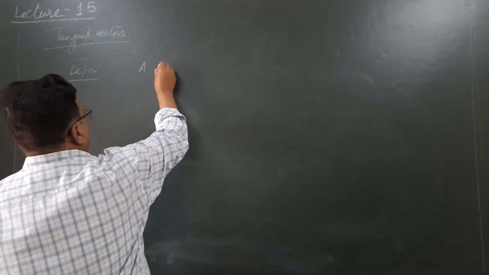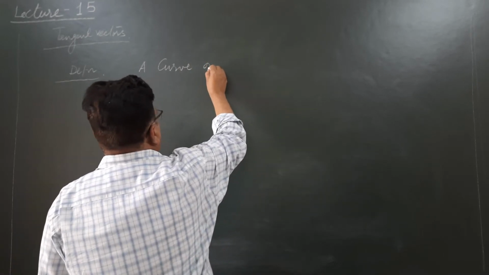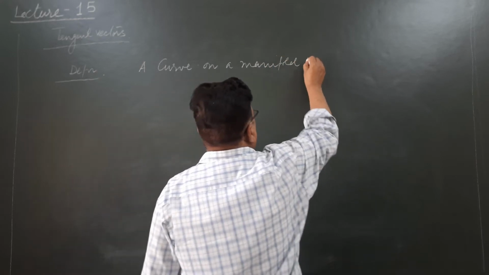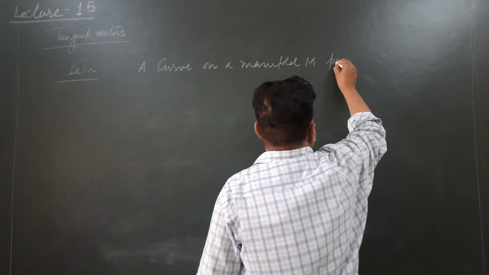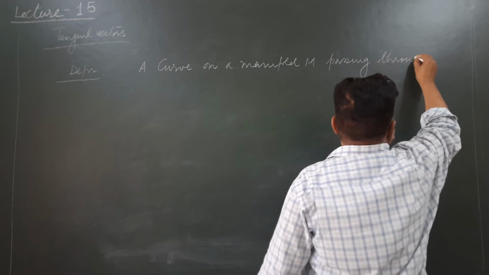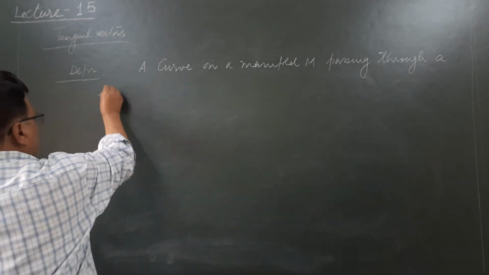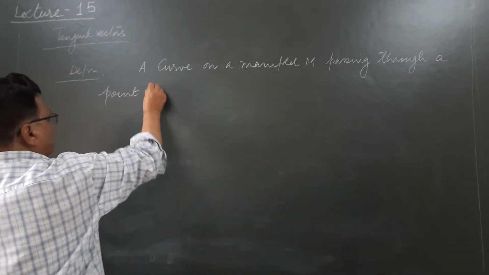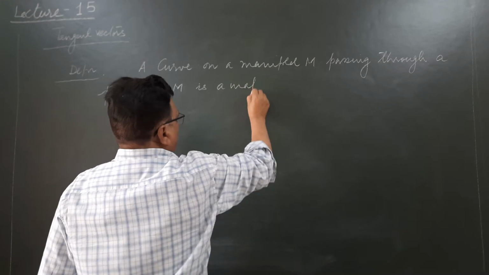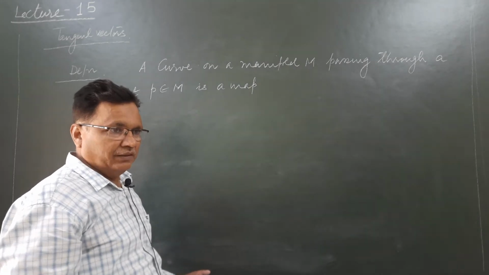A curve on a manifold M passing through a point P, P in M, is a map. So throughout I am assuming that M is a differentiable manifold of dimension n.